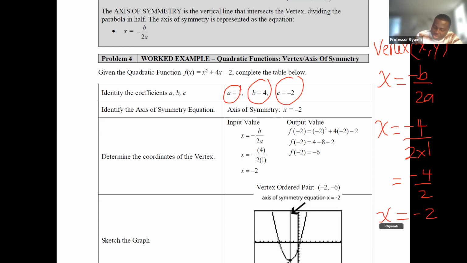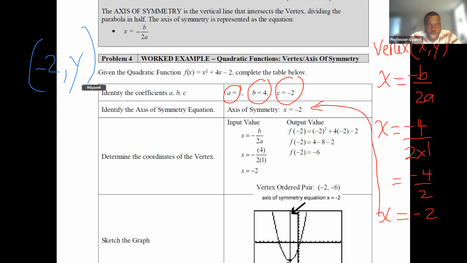So x is negative 2. So x equals negative 2 is going to be the equation of the axis of symmetry. Remember, it's an equation, so you write x equals negative 2. Now, negative 2 is the x value of the vertex. Now I have to find my y.